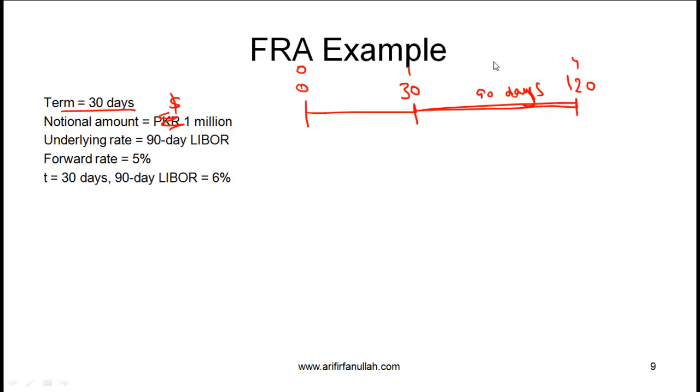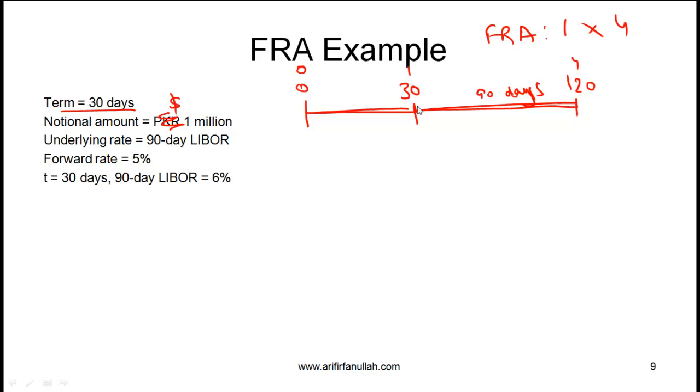So in terms of months, how would this FRA be written? It would be written as a 1 by 4. So the loan is beginning 1 month or 30 days from today, and the loan has to be repaid on day 120, which is 4 months from today. And again, the important point is that the FRA contract ends over here.